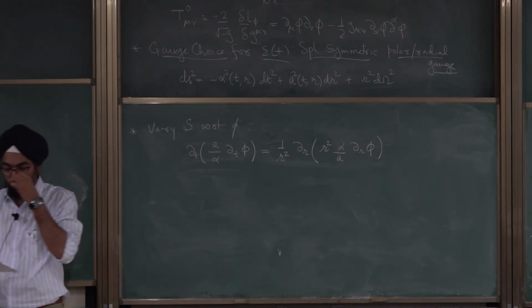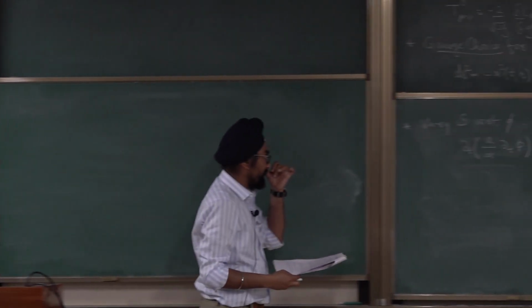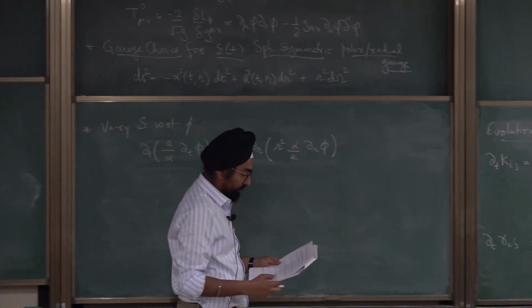So it's the Einstein-Klein-Gordon equation. It's basically just the Klein-Gordon equation written for this coordinate. That's all. There's nothing fancy about it.